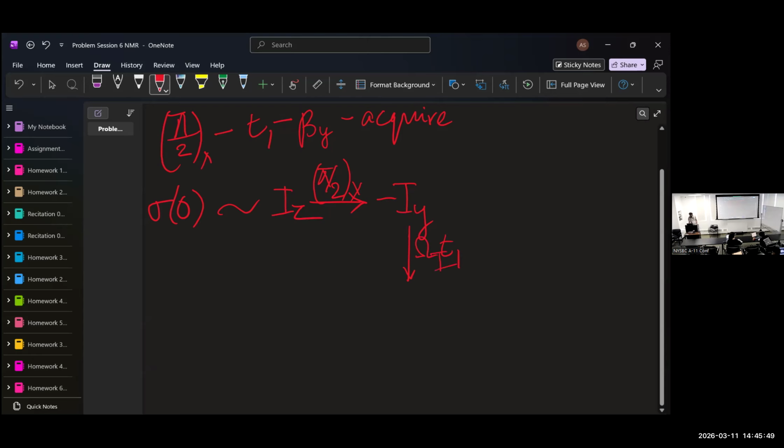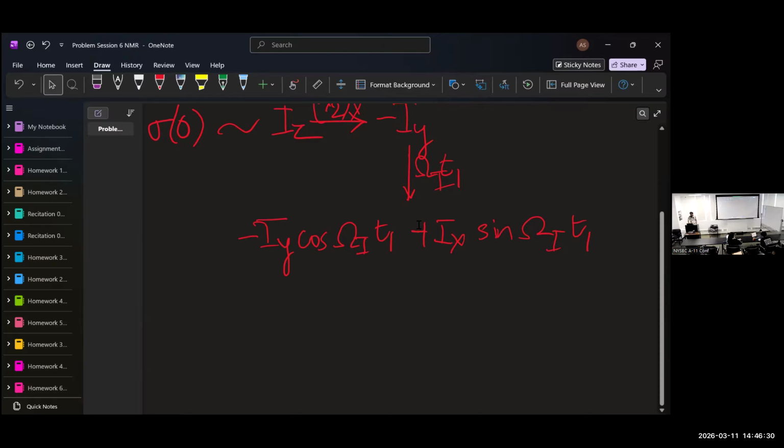What happens when you evolve under chemical shift? Minus Iy cos omega I t1. Do you agree? Is it plus Ix or minus Ix? x evolves into plus y, y into minus x, minus y into plus x. So plus Ix sin omega I t1.